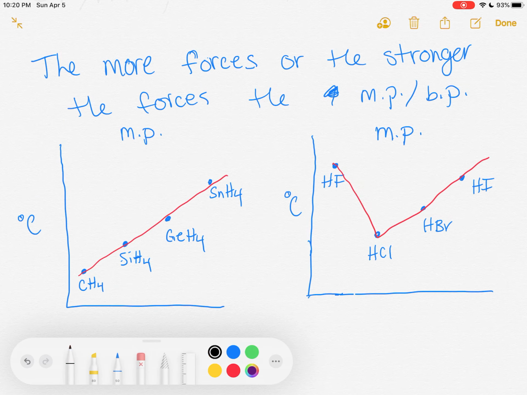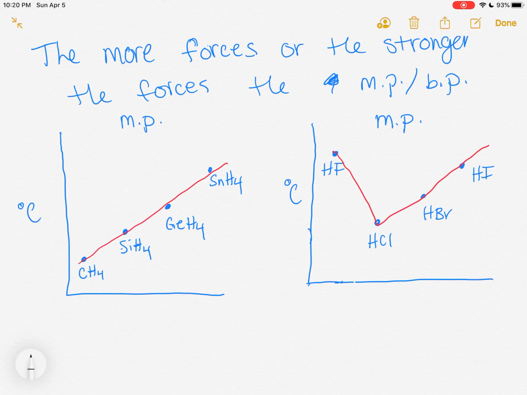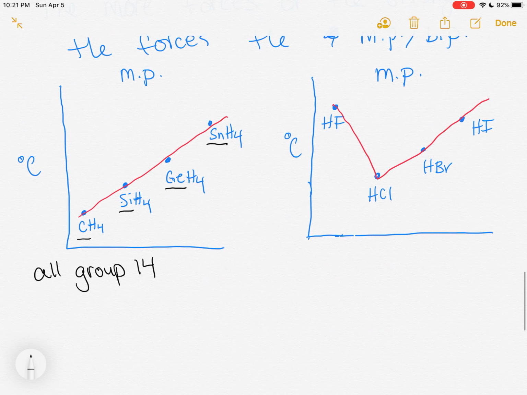So if we look at the first graph, we look at CH4 compared to SiH4, GeH4, and SnH4. I hope what you notice when looking at your periodic table is that carbon, silicon, germanium, and tin are all in the same group. They're all in group 14. Now, carbon has fewer electrons than silicon.